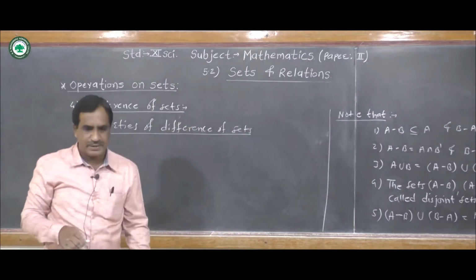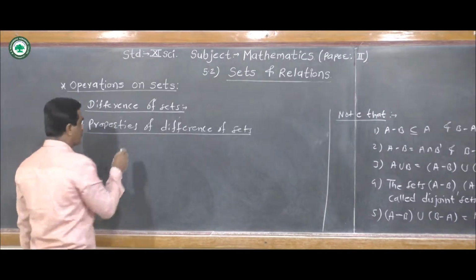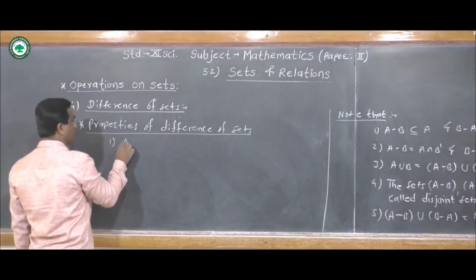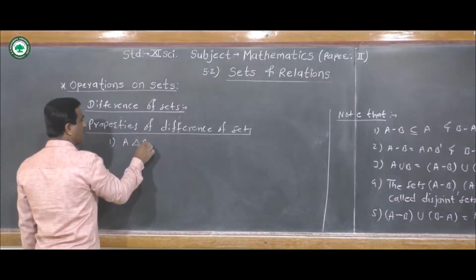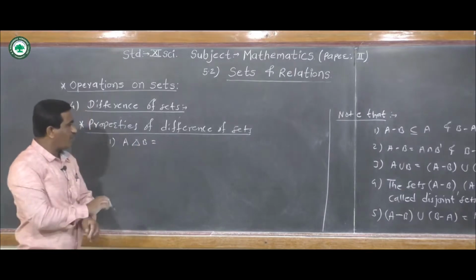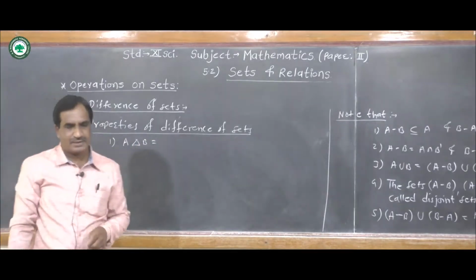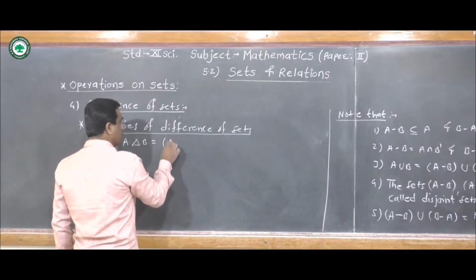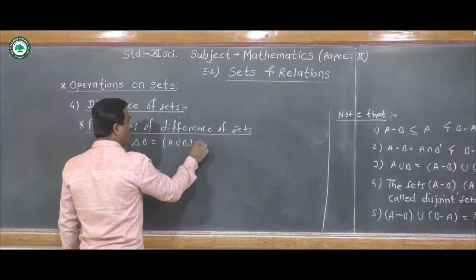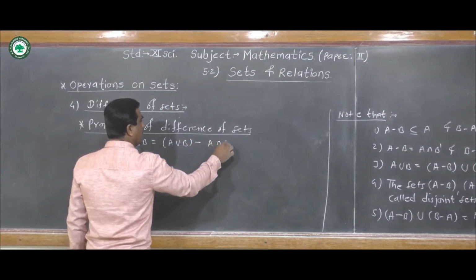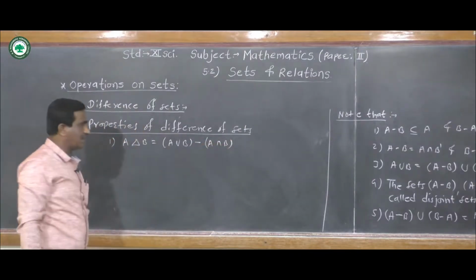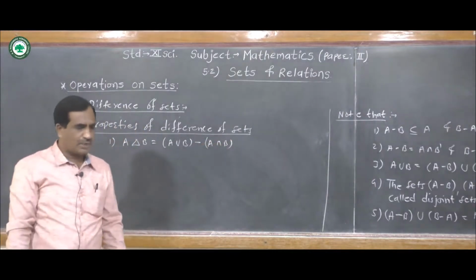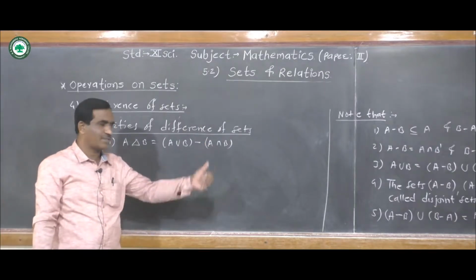The first property is A delta B, the symmetric difference of A and B. A delta B is equal to A union B minus A intersection B.